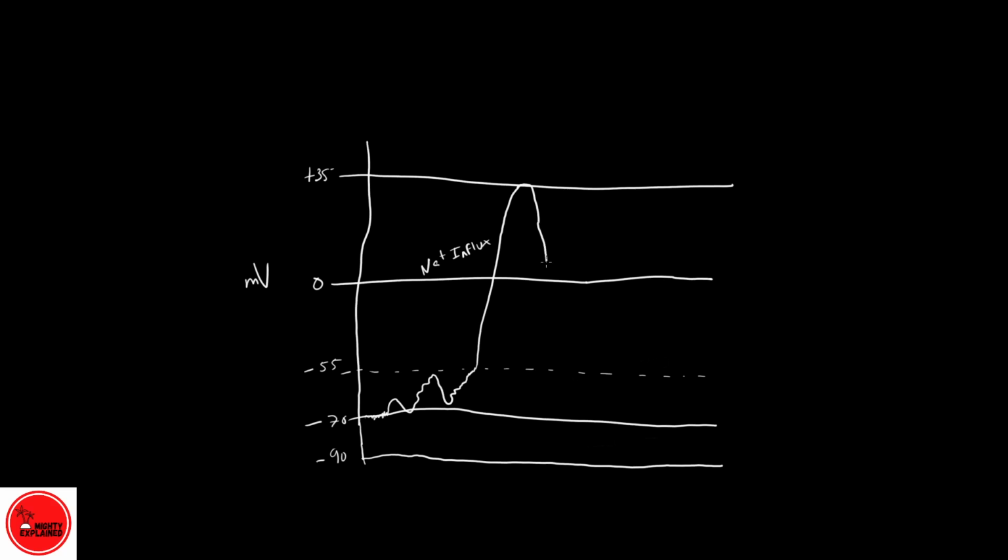Love that word. All the way down. They're slow to close. They go to negative 90, and then they're fully closed. And then the sodium potassium ATPase and the leaky channels, both of them, equilibrate you back to negative 70, and you're ready for the next action potential. So this side is potassium efflux. And that's an action potential.